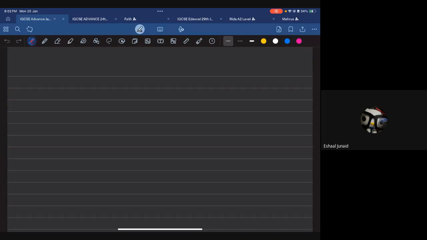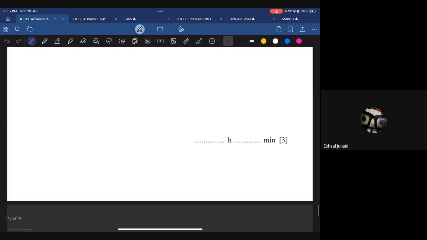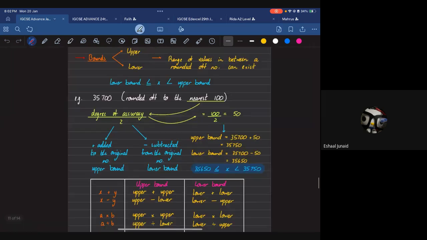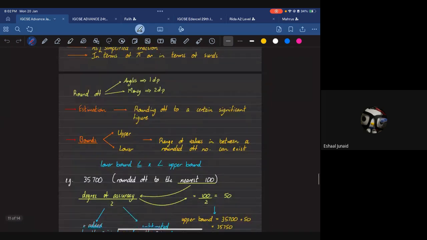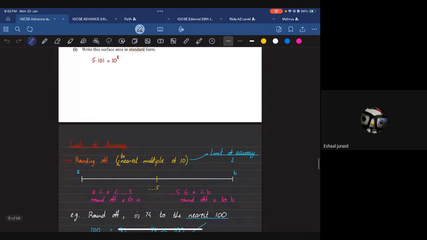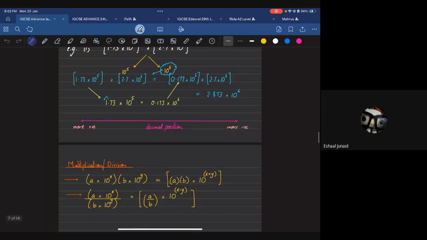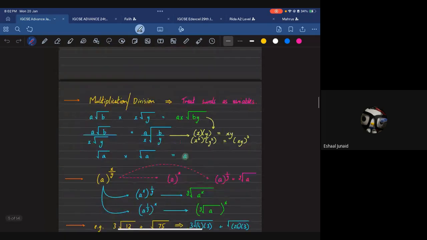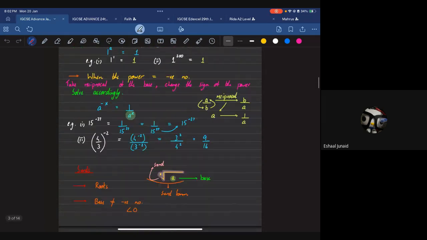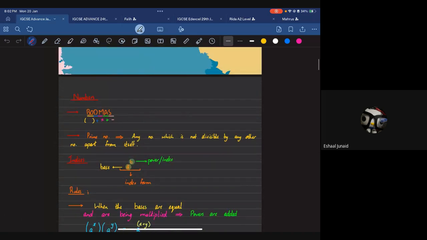I'm good. So in our previous classes, we had done all of the questions regarding limits of accuracy. We have done standard form, surds and indices, and we started off with just simple numbers.